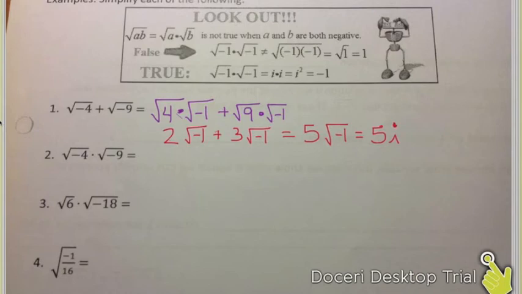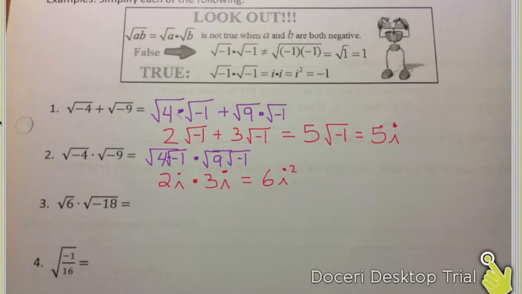The second problem here, instead of adding, we want to multiply. But remember, you can't use the product property. It does not work. We want to break this down again. Well, we know that the square root of negative 4 is actually the square root of 4 times the square root of negative 1, times the square root of 9 times the square root of negative 1, which ends up being 2i times 3i, which gives us 2 times 3 is 6. i times i is i squared.